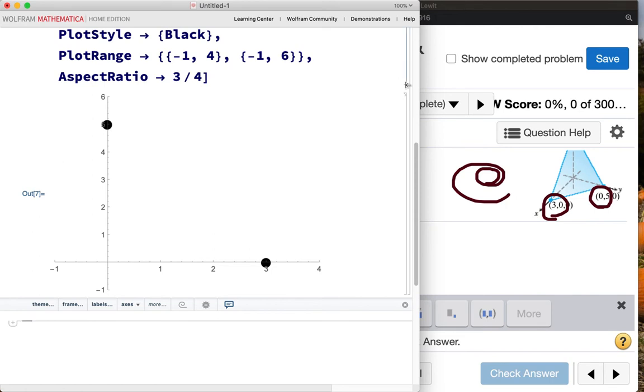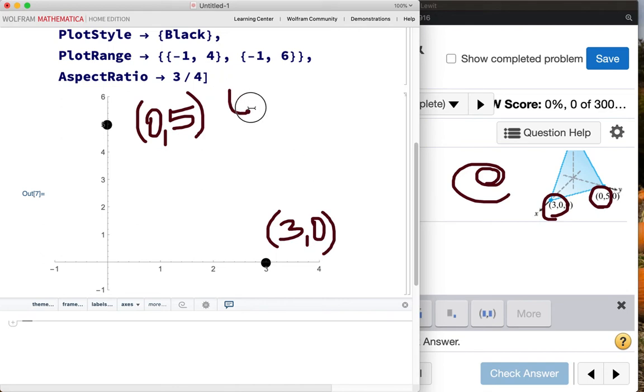Now let's think about the equation of this line. So we have this point, which is (0, 5), and we have this point, which is (3, 0).